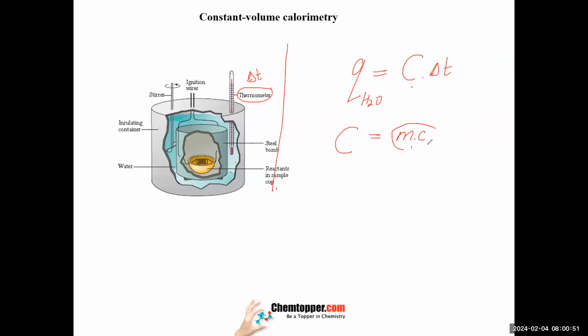I don't have this information, so I'll calibrate my instrument to know this C. And this C is now not specific heat capacity, it is heat capacity of the bomb calorimeter.